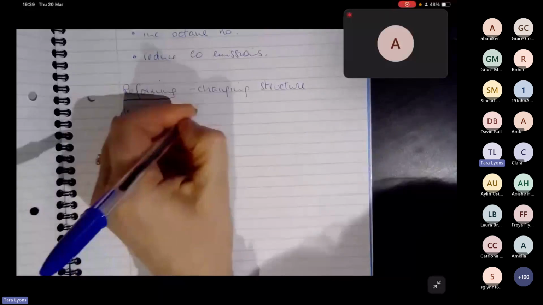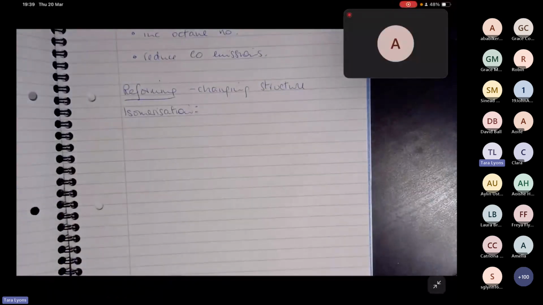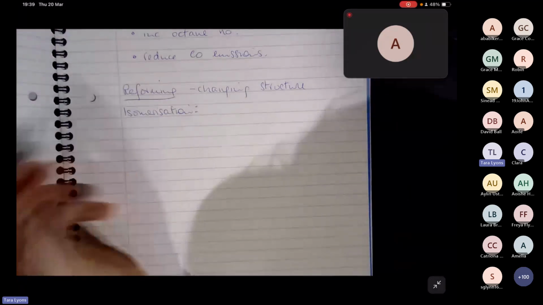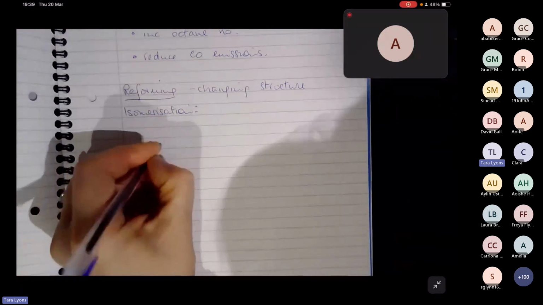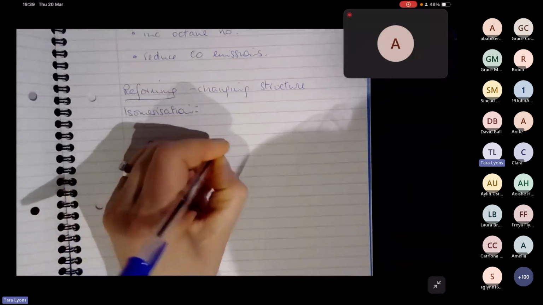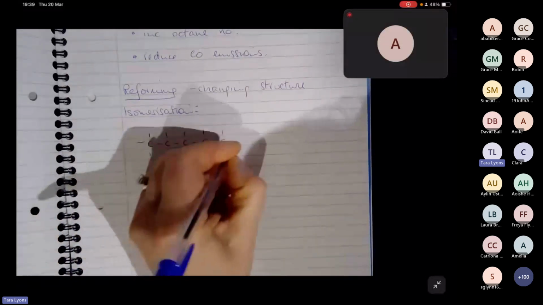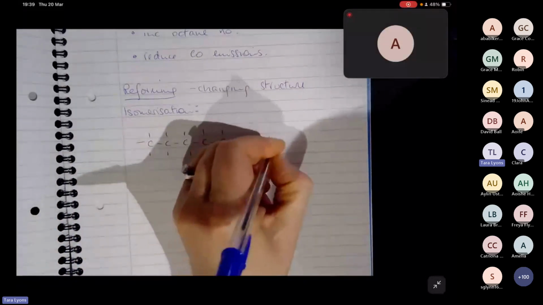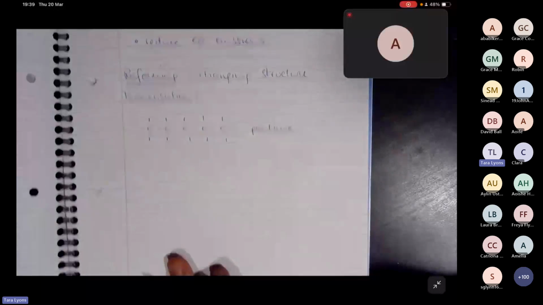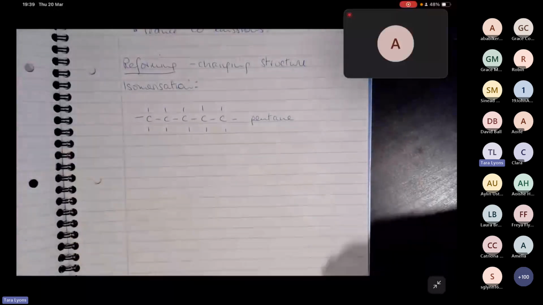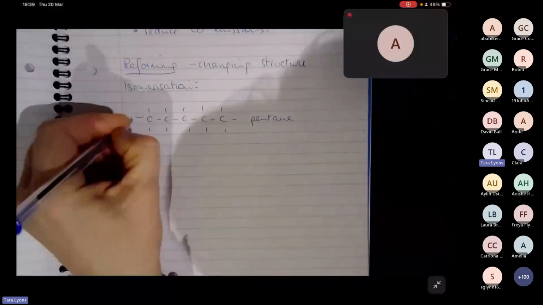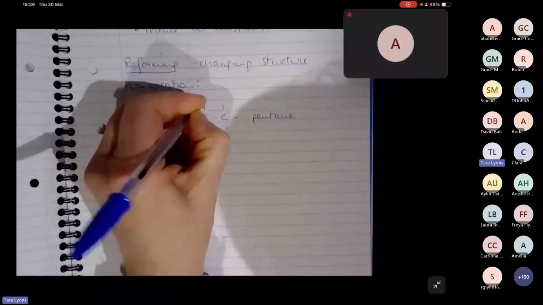Now, we know that isomers are molecules with the same molecular formula but different structural formula. So if I take something like, and this is one that they've given in the past, pentane, which is straight, no branches, not cyclic, not aromatic, and don't forget to fill in all your hydrogens, folks.